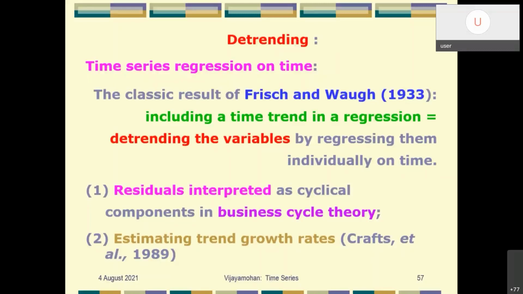Now, suppose we have two time series, for example, the consumption series and the income series. Usually we know if these two data series are time series data sets, then naturally we have to deflate both the series.